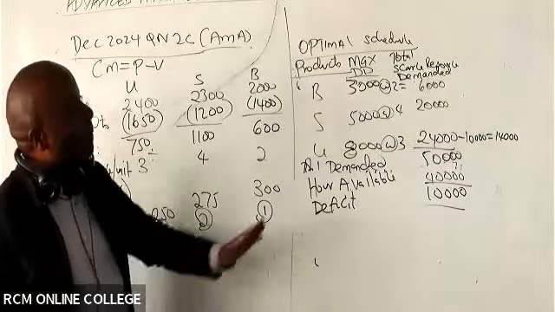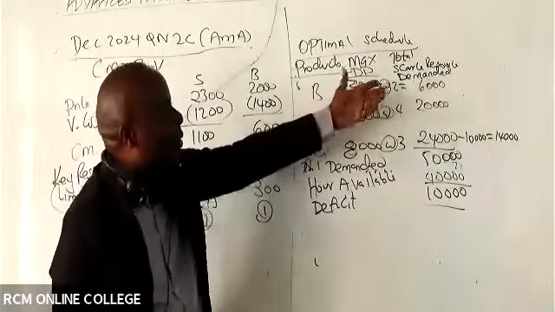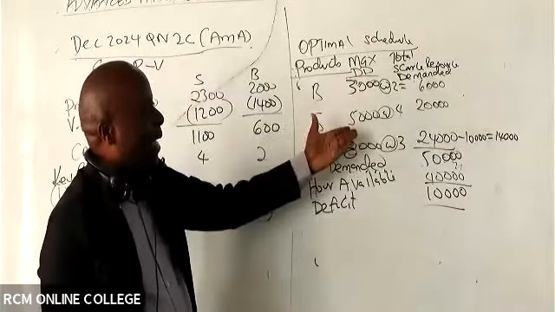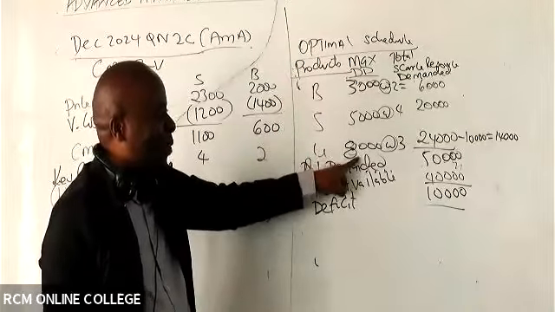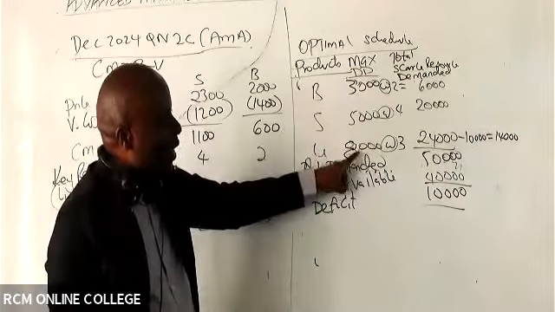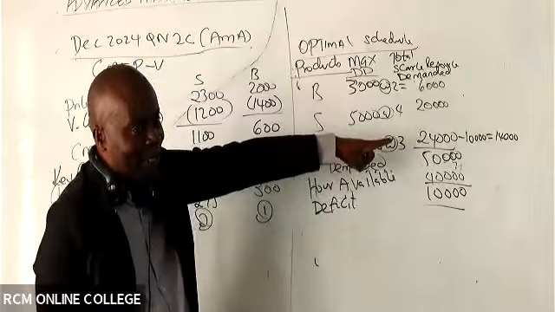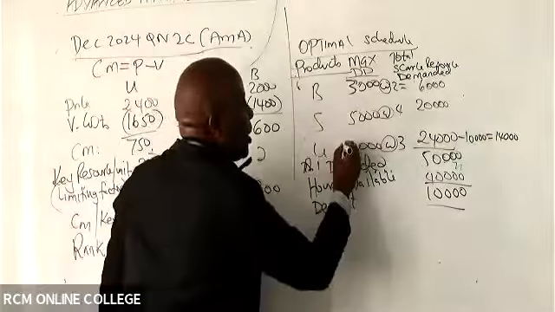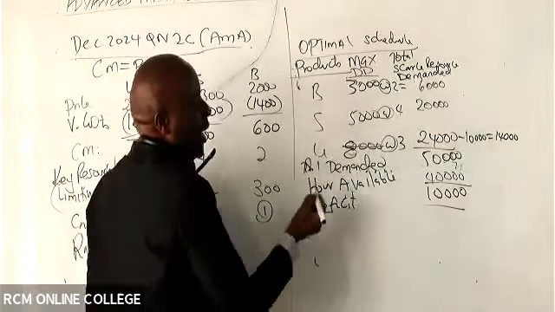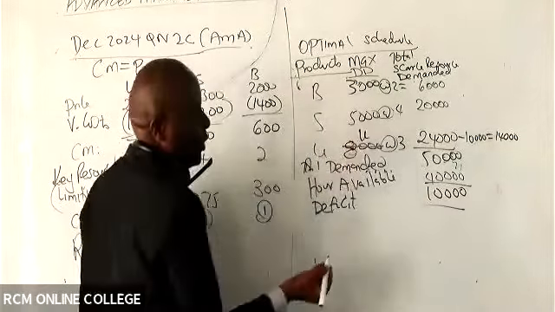So B, I will still produce 3,000, because I have not subtracted from B or S, they remain the same. But for U, I can't produce 8,000 because I only have 14,000 hours available. So this is not achievable. I must cancel that and call this small u.